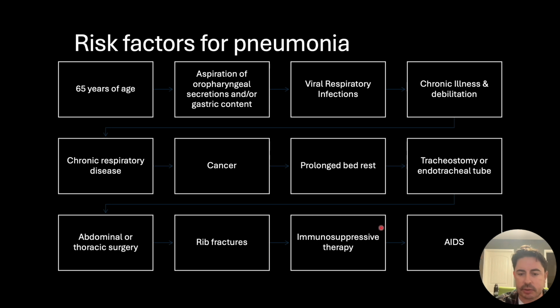We're going back into the immunosuppressive therapy for patients, patients that have or have had a transplant of some sort, patients with AIDS or HIV, cancer patients that are getting chemotherapy, prolonged bed rest, absolutely. So your patients that are in the ICU and they're not moving at all, these patients are at risk for pneumonia. You have even your endotracheal tube or your tracheostomy tube.